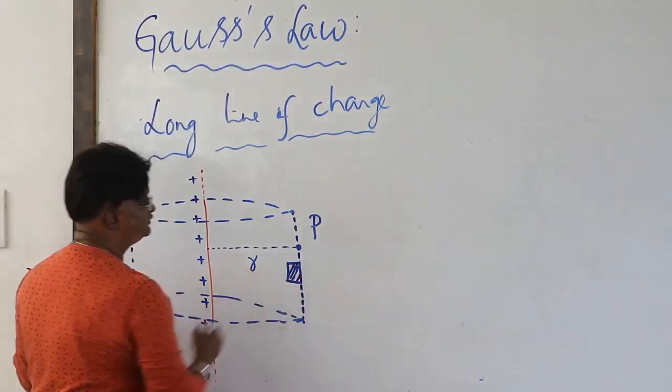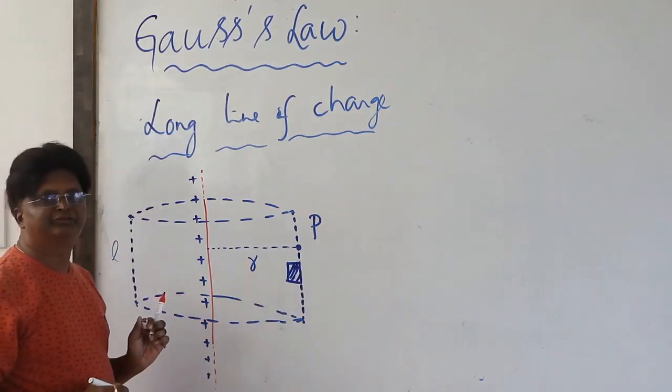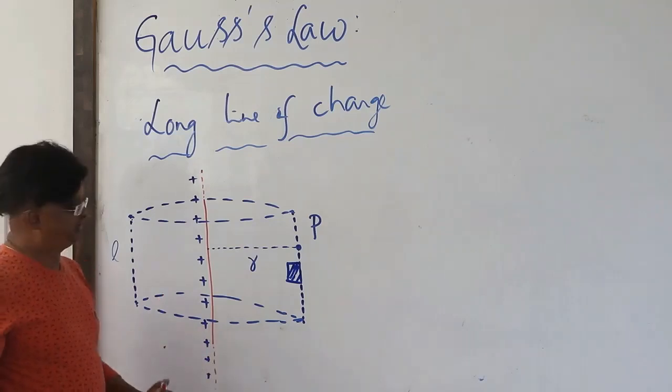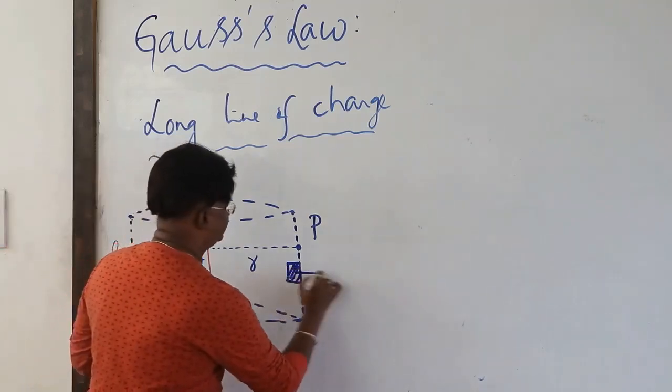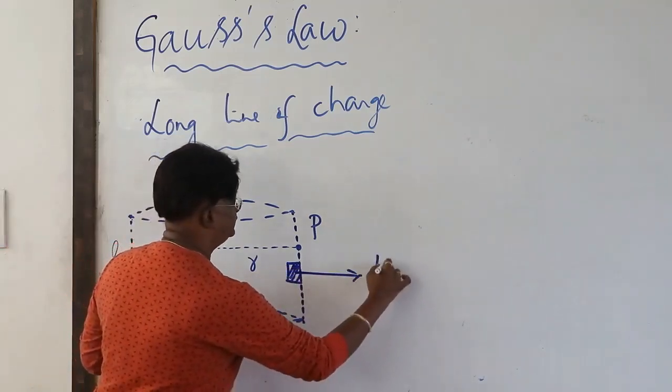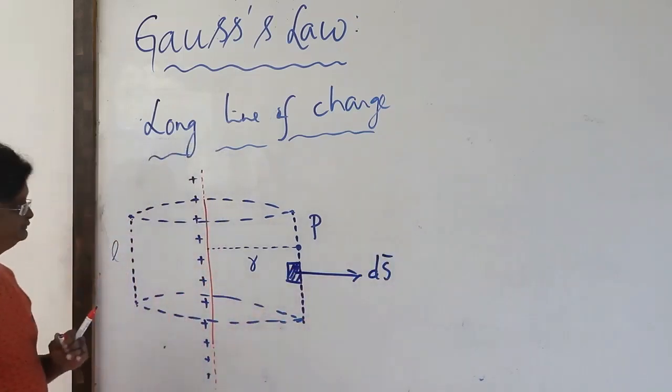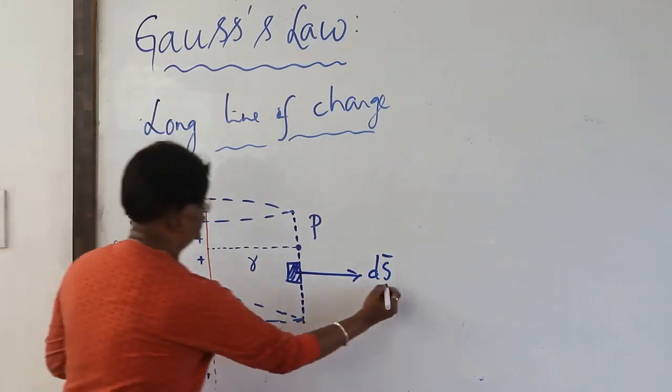So this is one such element of area ds bar. Remember, ds bar is always normal to the surface. So this is the area vector, ds1 bar I will write.